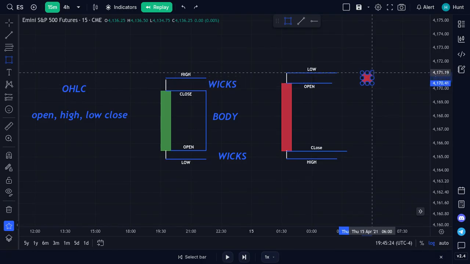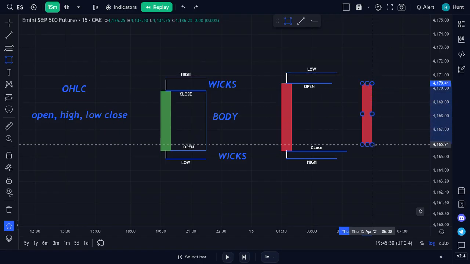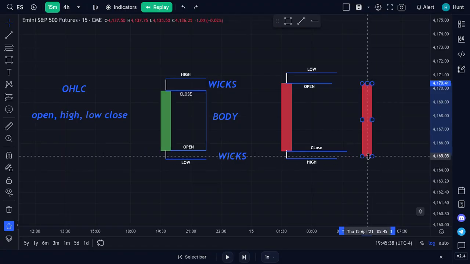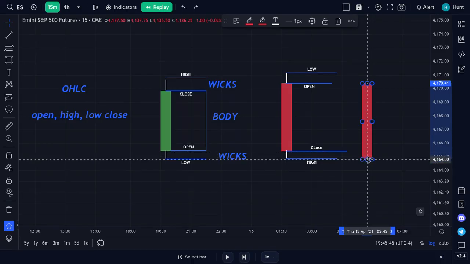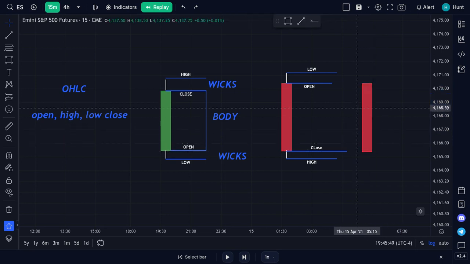Let's say it goes up, right? Price goes up. That would create the low. Now when it goes back and moves back down, that would leave a wick, right? Then price would go here. That would be the highest point that it went, and then it would go back here, and that's where it would close.